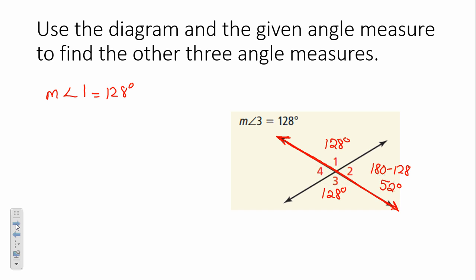Okay? So we're almost there. We still have angle 4 to figure out. Yes. Good. Another linear pair, right? So these guys have to add up to 180.